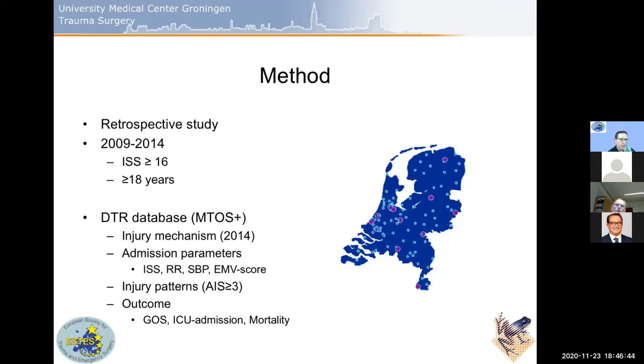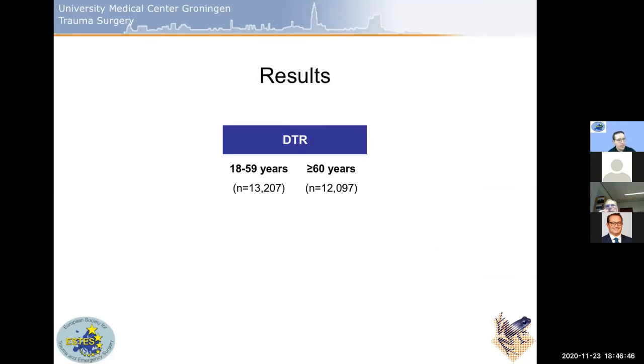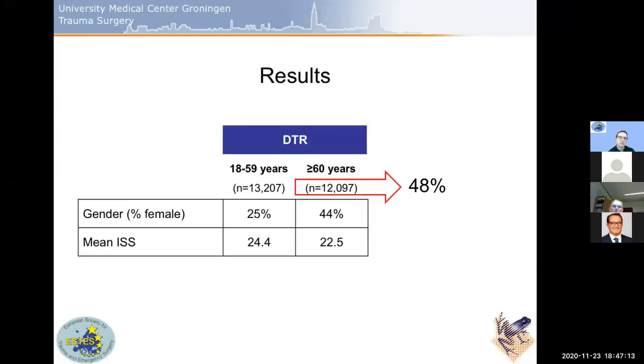When we have a look at this group, the first thing we see is that we registered about 13,000 people who were younger, but even 12,000 who were older. That means that not only the young male is a polytrauma patient; many polytrauma patients in the Netherlands are older than 60, about 48%.